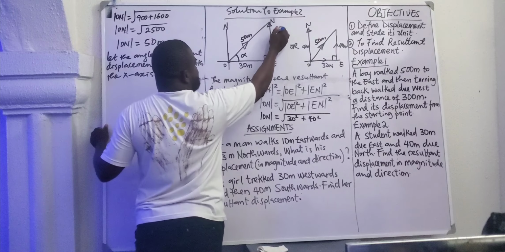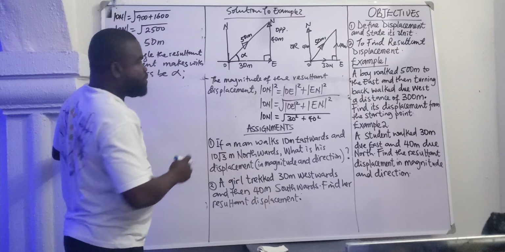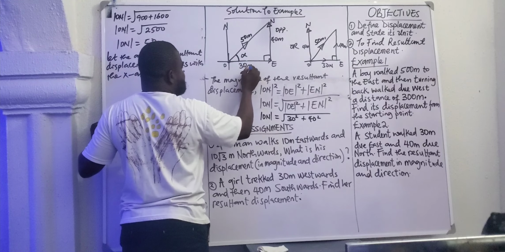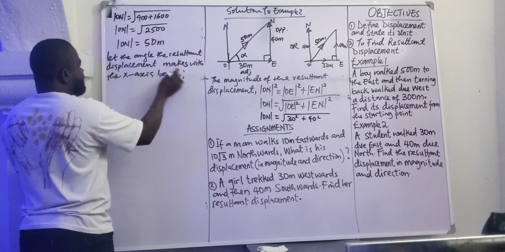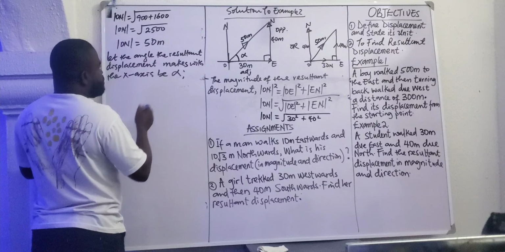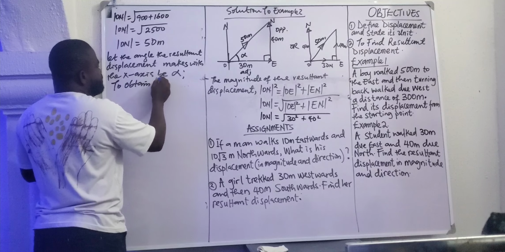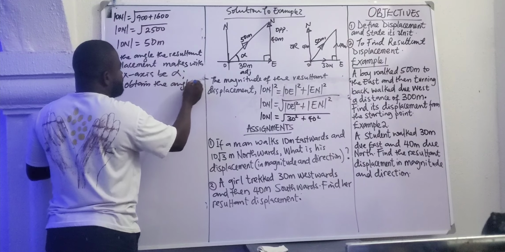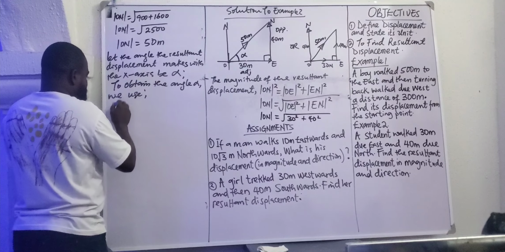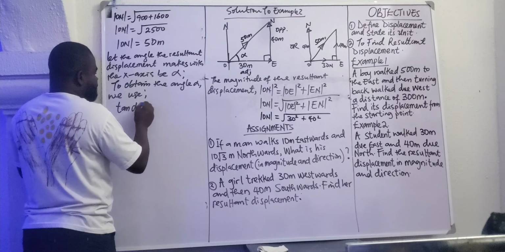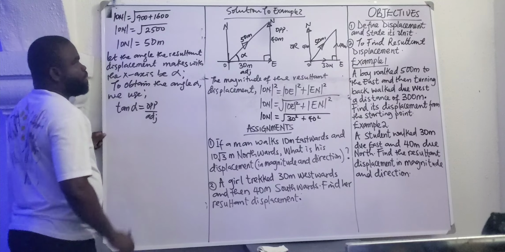To obtain the angle alpha, I will use what? TOA. This side is opposite. The side facing the given angle is opposite, while this side is adjacent. So to obtain angle alpha, we use tan alpha equals opposite over adjacent.